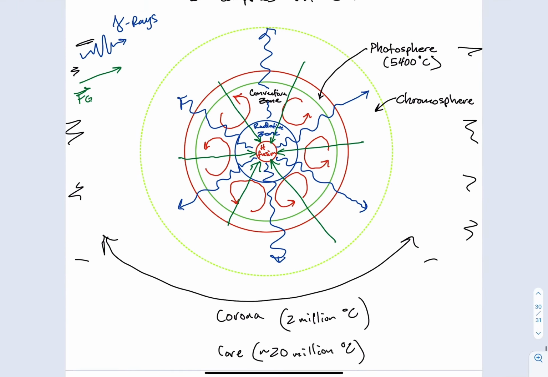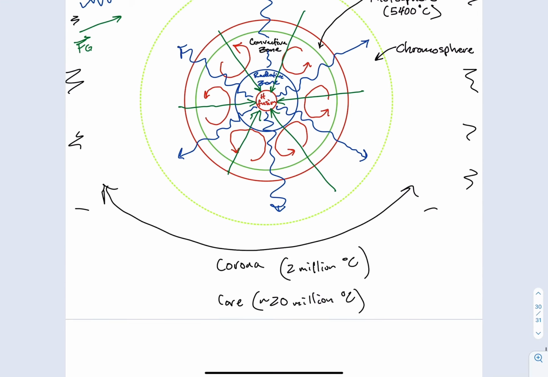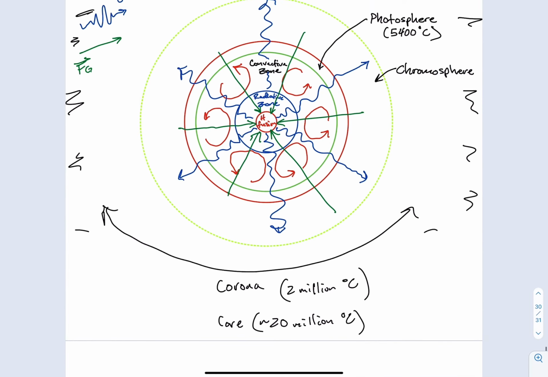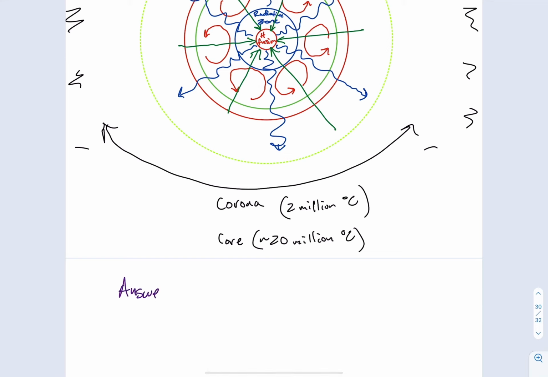And so the answer to the question has a name, of course. It's called hydrostatic equilibrium. That's the fancy way of saying the outward radiative pressures and the inward gravitational pressures are balanced or equal. So the answer is called hydrostatic equilibrium, which I often will write like that.